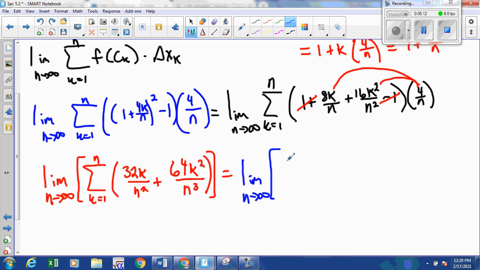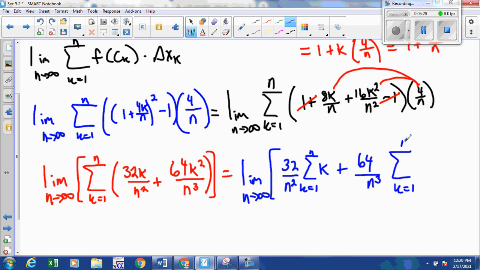For the first sigma, I can take out 32 over n squared, and I will have the sum from k equals 1 to n of k, plus 64 over n cubed, the sum from k equals 1 to n of k squared.